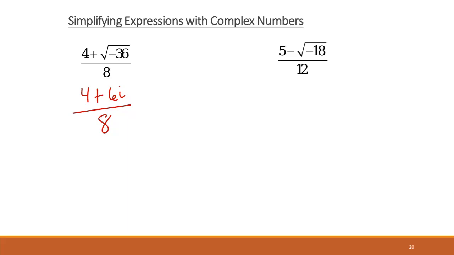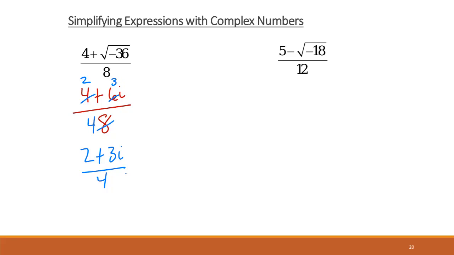When we reduce, we're just looking at the numerical parts. So this 4, 8, and 6 are all divisible by 2. If I divide all of those by 2, I get a 2 here, a 3 here, and a 4 here. So now I get 2 plus 3i over 4.